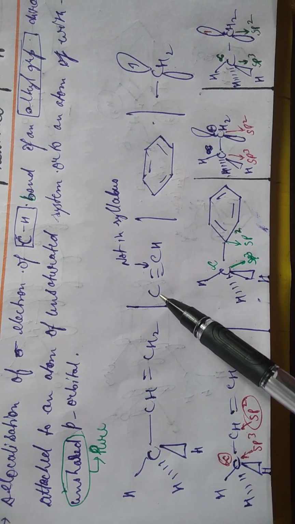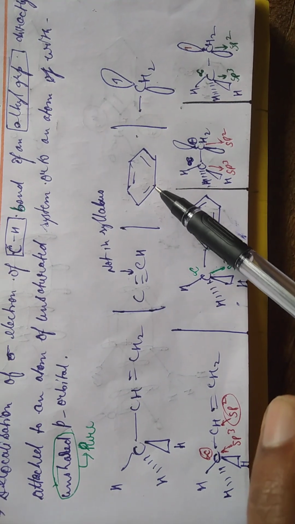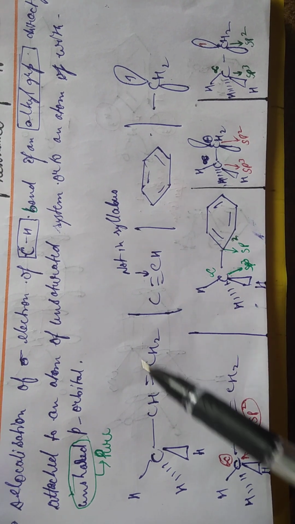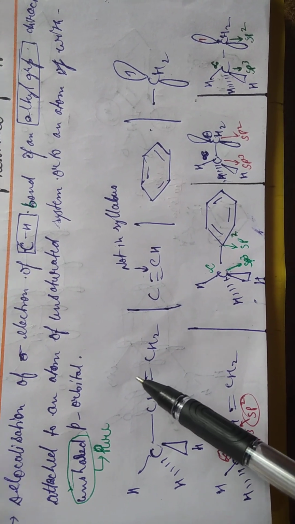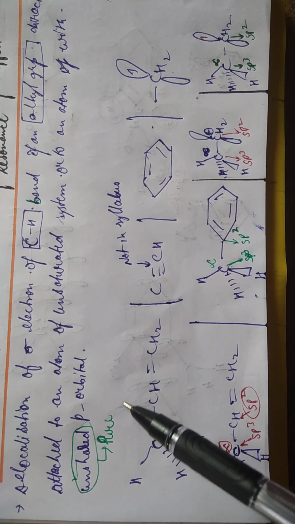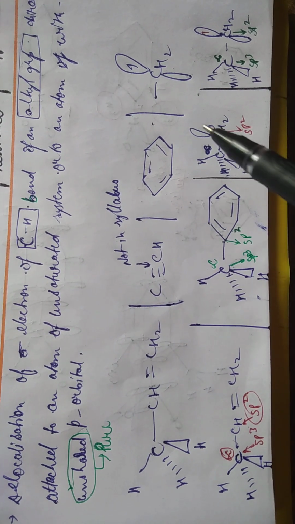This other part is not in the syllabus actually. If these are all attached to the carbon, you only have to look at the carbon which is attached to the sp2 carbon.